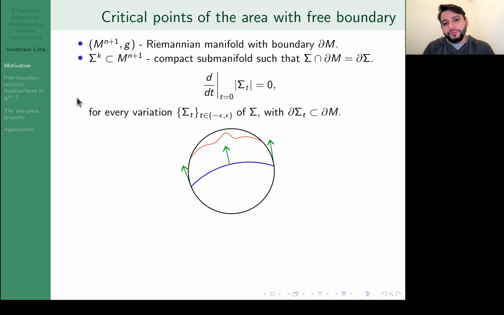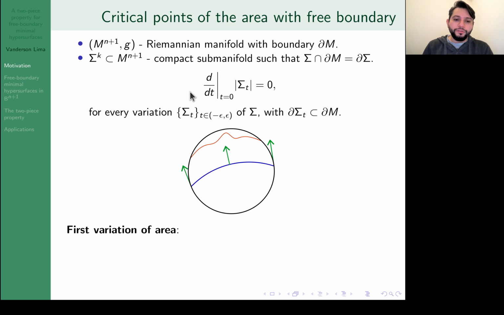So my initial submanifold is represented by this curve in blue, and the curve in red represents some other submanifold in the variation, and here the green arrows represent the variational vector field, and you can see that the boundaries of the submanifolds are inside the boundary of the ambient space.